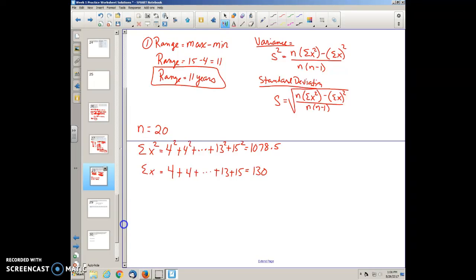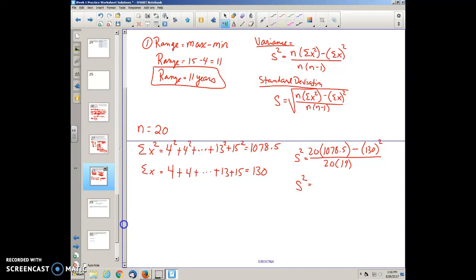So let's do variance first. S squared is n, so 20, times the sum of x squared, 1078.5, minus the sum of x, which is 130, quantity squared, divided by n, which is 20, times n minus 1, which is 19.